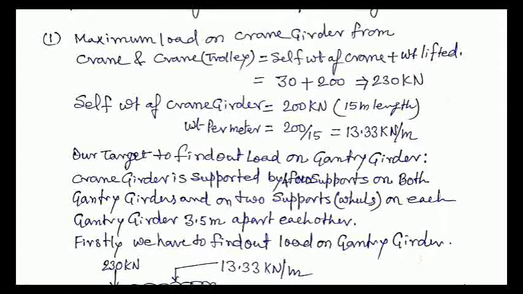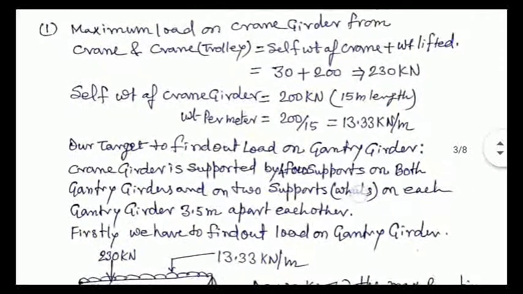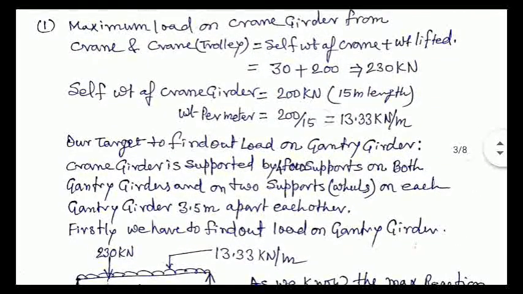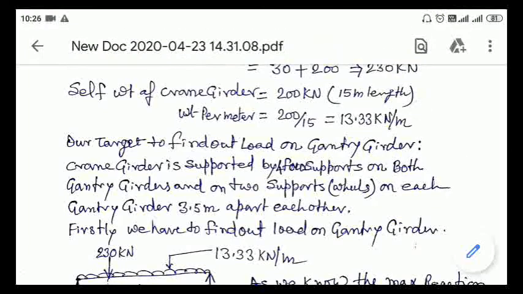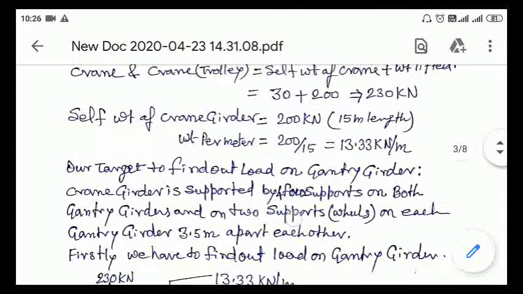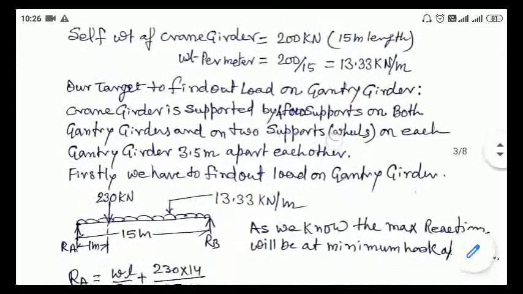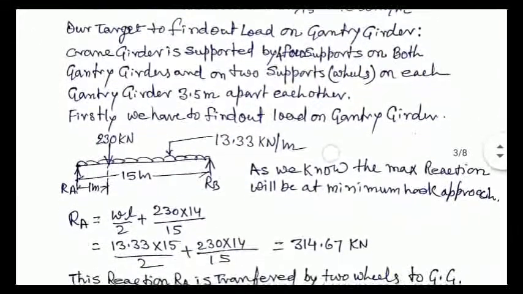Now self weight of crane girders is given as 200 kilonewton for 15 meter length. So we will find out the per meter length weight. 200 divided by 15 comes out to be 13.33 kilonewton per meter. Now our target is to find out load on gantry girder.